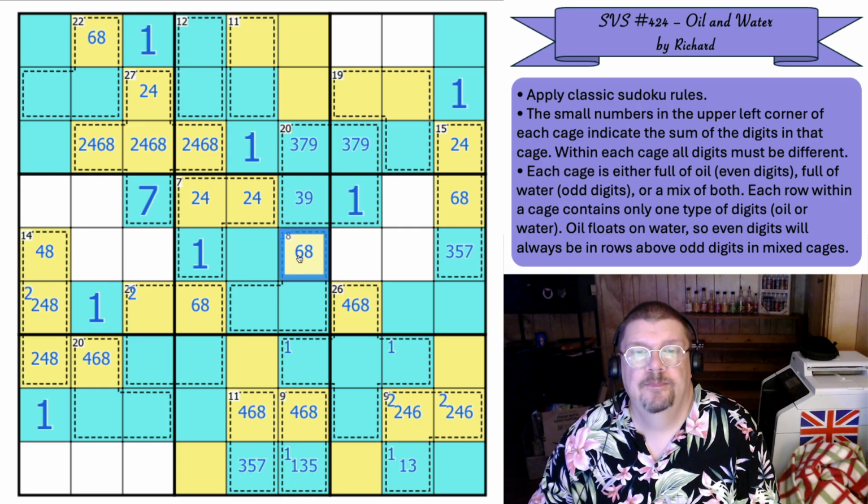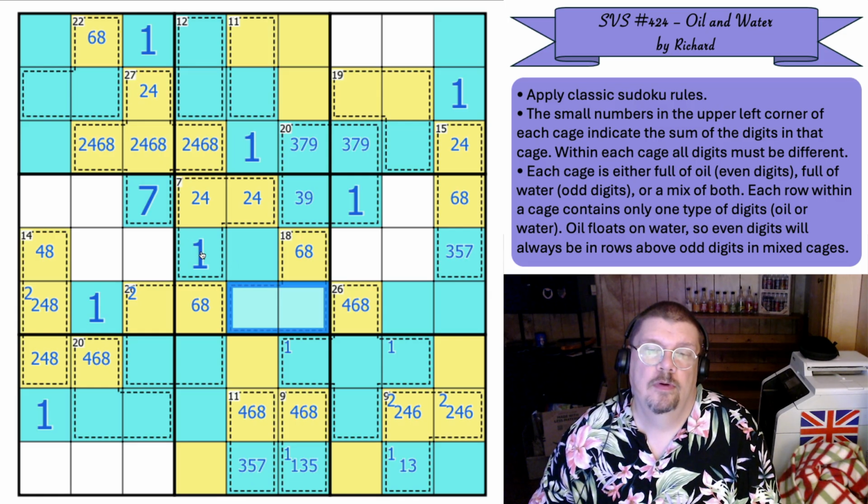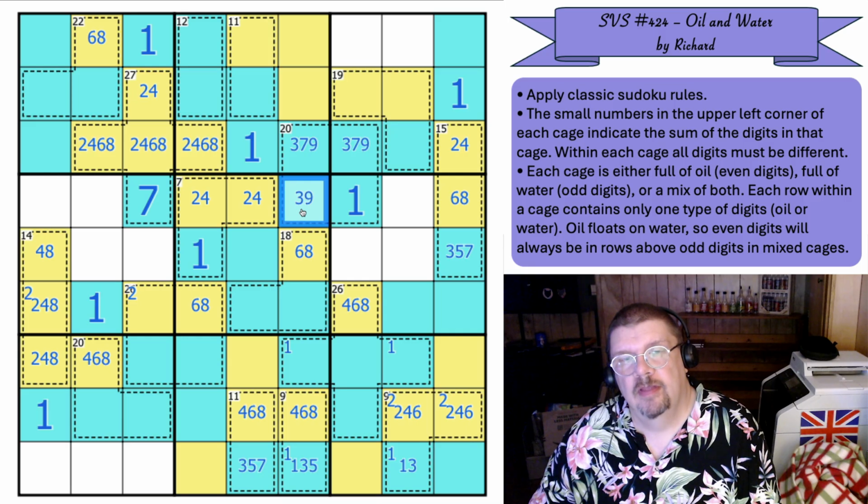Right, if this is 8, this is 2 odd digits making 10, which would be 3, 7, because I can't use the 1. If it's 6, it's 2 odd digits making 12, which would be 3, 9, or 5, 7. But it can't be 3, 9, because that would break that.